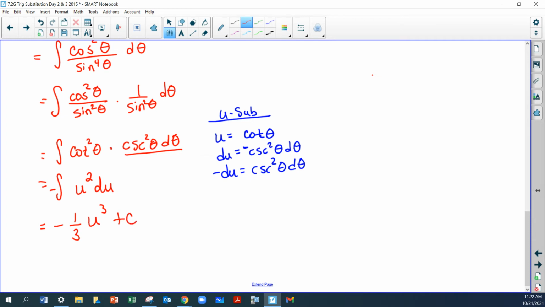Sub it back, and we will have negative 1/3 u was cotan theta. That looks like that'll all be to the third power, won't it? Plus c. But that's not yet our answer, because I have theta and I started with x's.